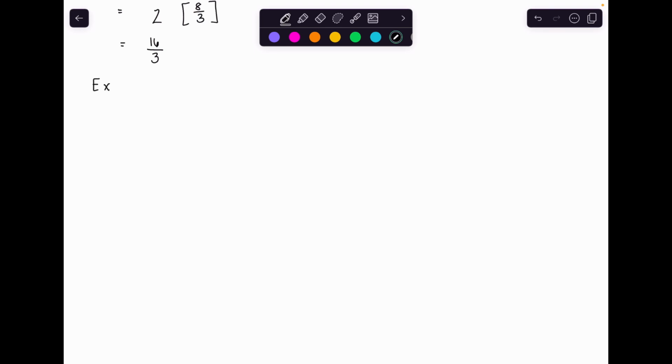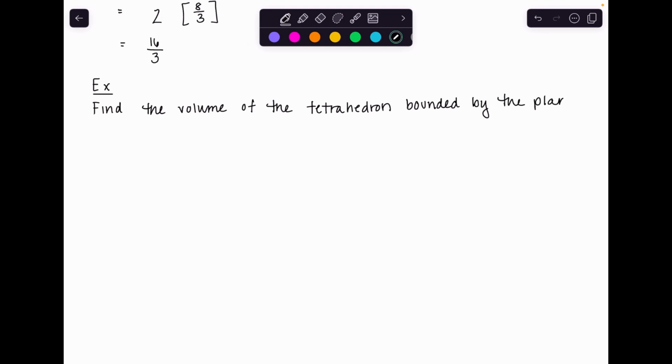So for our last example, we're going to find the volume of the tetrahedron bounded by the plane 2x plus 4y plus z equals 4 in the first octant.